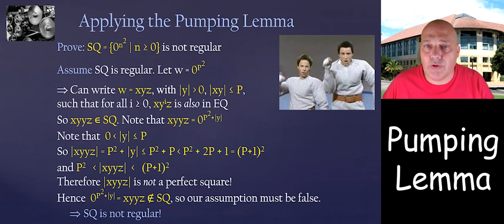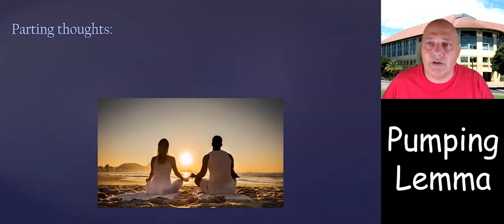SQ is not regular. So this was a cool lemma that can be used pretty easily for many, many languages that are not regular. And fortunately, you'll have the opportunity of doing that yourself.